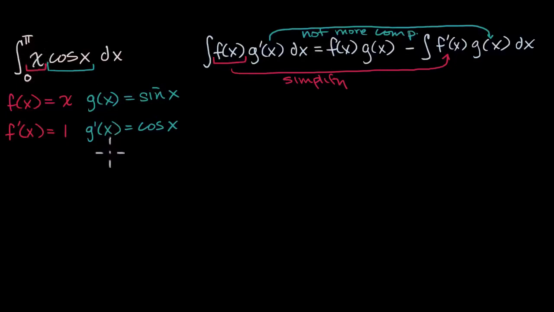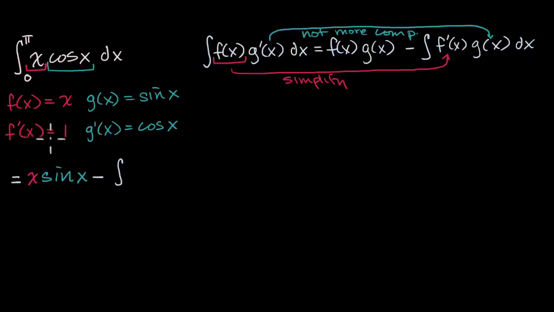So now let's just apply the integration by parts here. All of this is going to be equal to f of x times g of x. So f of x is x, g of x is sine of x, so x sine of x, minus the integral of f prime of x.